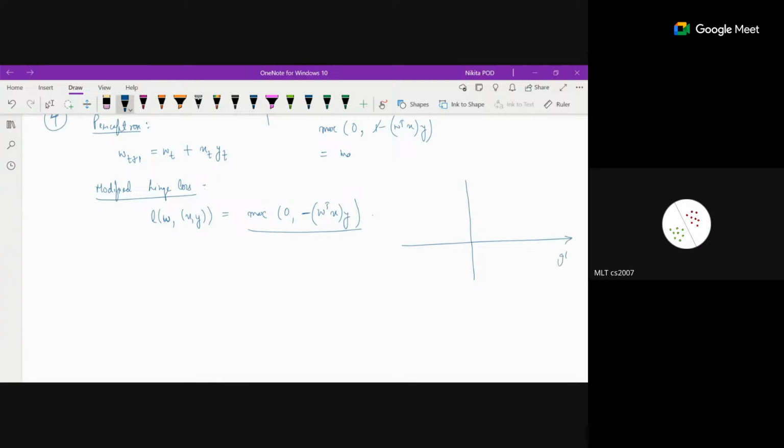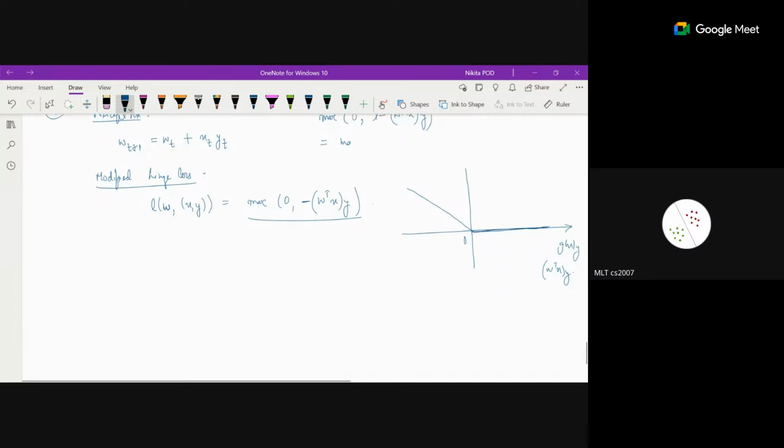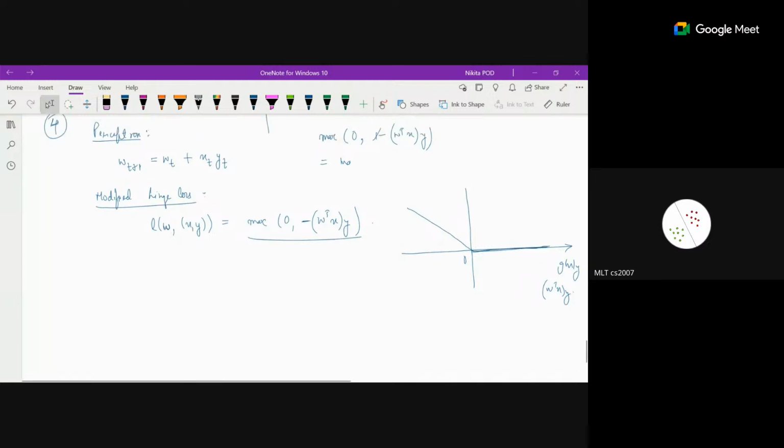This is my g(x) times y, which is w transpose x times y, right? And this is how it will look. Since we don't have 1 here anymore, this will be centered at 0.